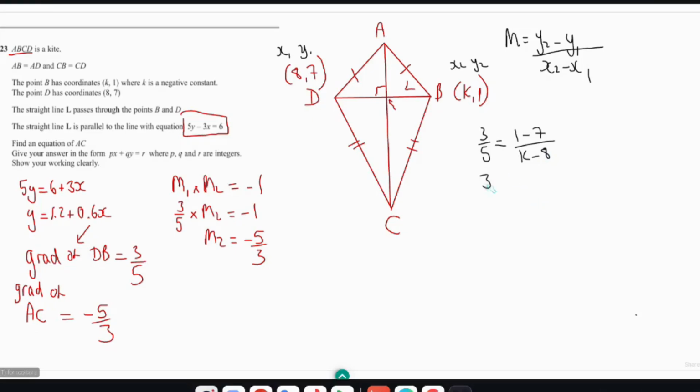Times both sides by k minus 8. Times both sides by 5. 1 minus 7 is -6. -6 times 5 is -30. Let me add 24 to both sides.